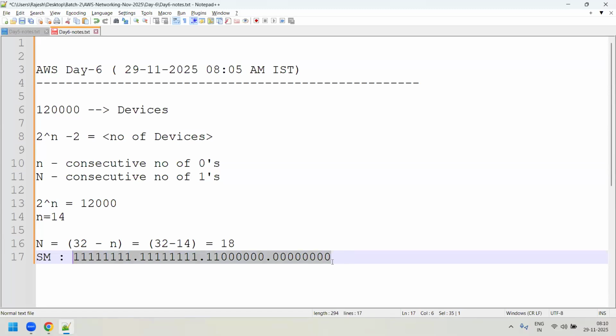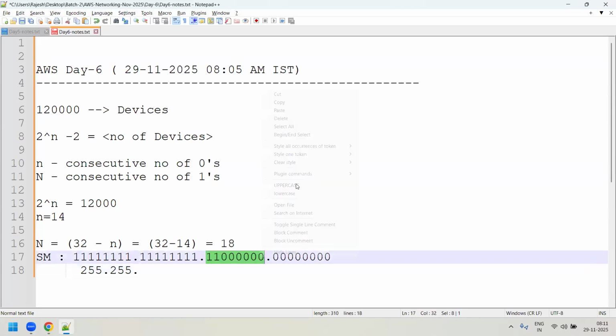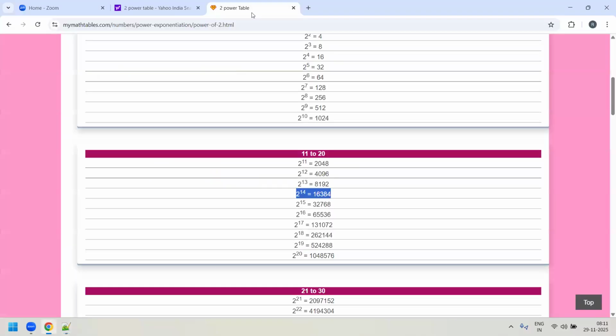So if you try to convert it into the decimal value, it will be 255.255 dot. How much is this one? If I copy this, 192, 190 only, right?